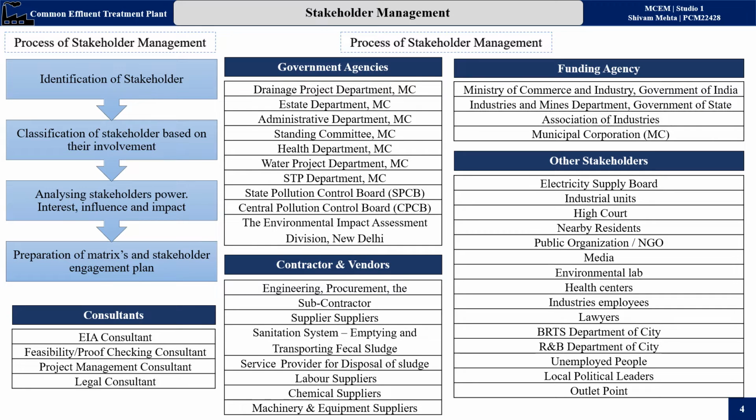We divided stakeholders into 5 groups: consultants, government agencies, contractors and vendors, funding agencies and other stakeholders. In total, 47 stakeholders were identified for this project, and a few of them we have written.